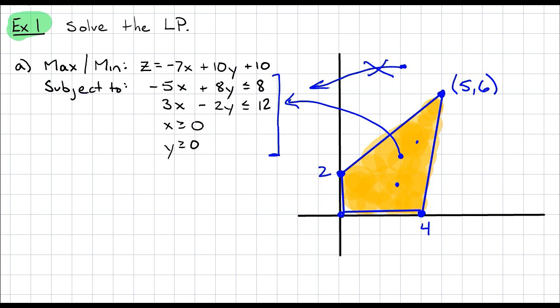So of the points that satisfy the constraints under which I'm working, I want to determine which one gives me the largest value for z and which one gives me the smallest value for z. Fortunately, it turns out that for a linear program, if there is a max or a min, it will always occur at one of these vertices. So what I need to do now is check my vertices.